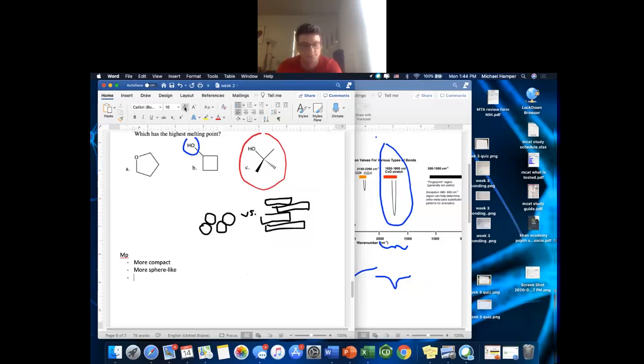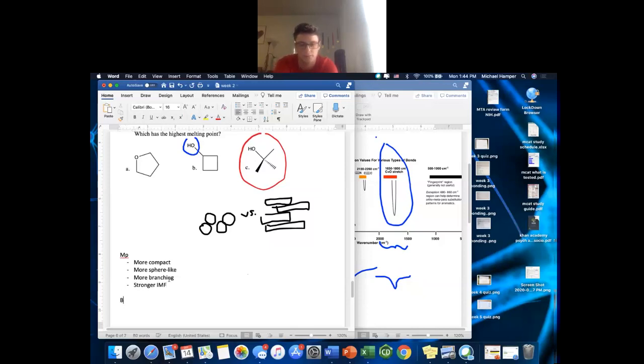More branching. As you can see, this has 4 groups branching off of that carbon, so more branching. And stronger intermolecular forces.